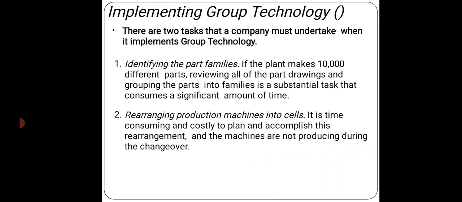Second one, rearrange the production machines into cells. It is time consuming and costly to plan and accomplish this rearrangement, and the machines are not producing during the changeover.